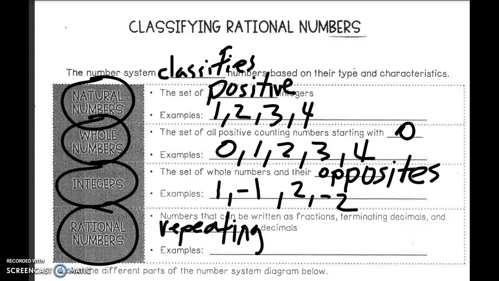Examples of rational numbers, like -2.5, or 3/10. Now keep in mind that the rational numbers also includes all integers, whole numbers, and natural numbers, right? It's just adding those fractions, terminating decimals, and repeating decimals as well.